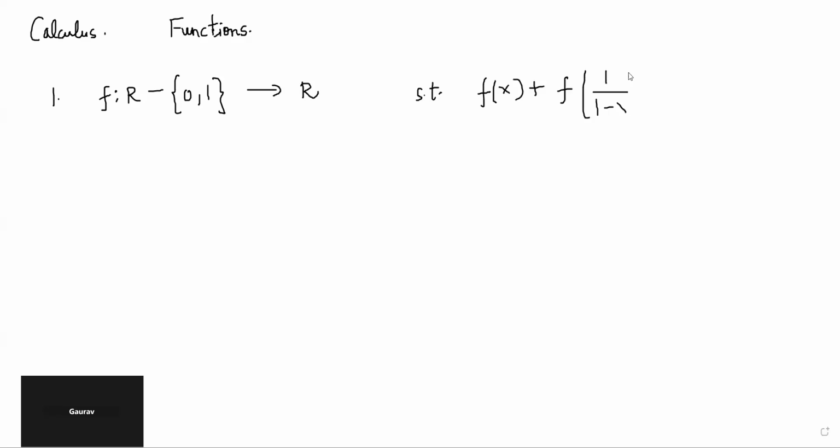The first one is: f is a function from real minus 0 comma 1 to real such that f of x plus f of 1 by 1 minus x is equal to 1 plus x. You have to find the value of f of 2.